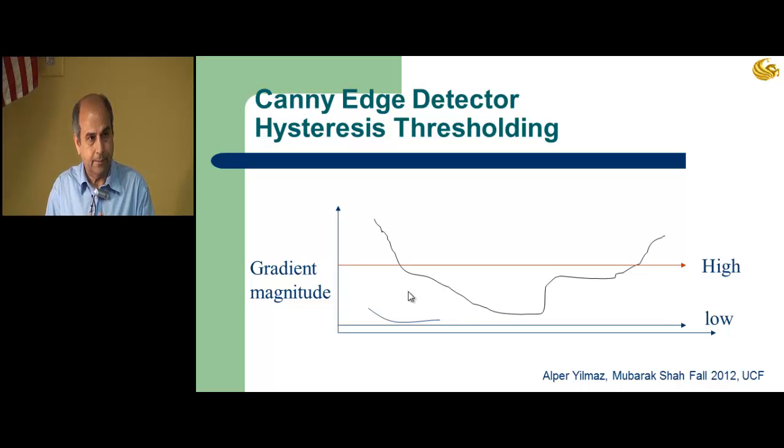If the low threshold here intersects with the curve we have here, then it's below the low, so we don't consider it. You are saying the low threshold is higher? Yeah. So still this will not be selected, because it is not connected to any pixel which is above high.